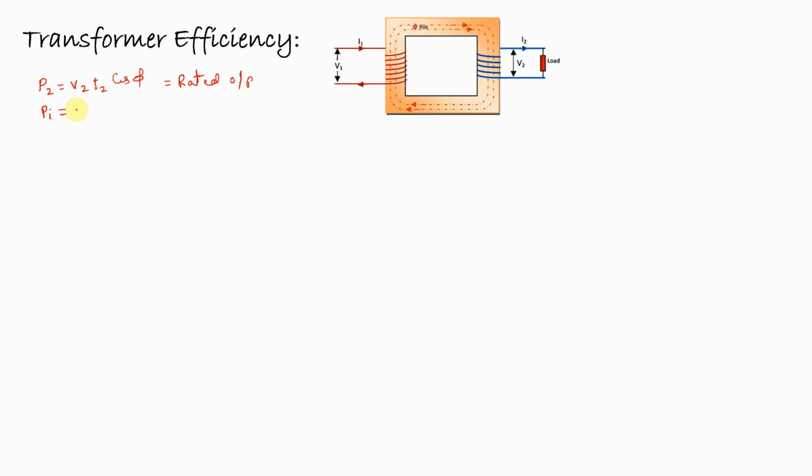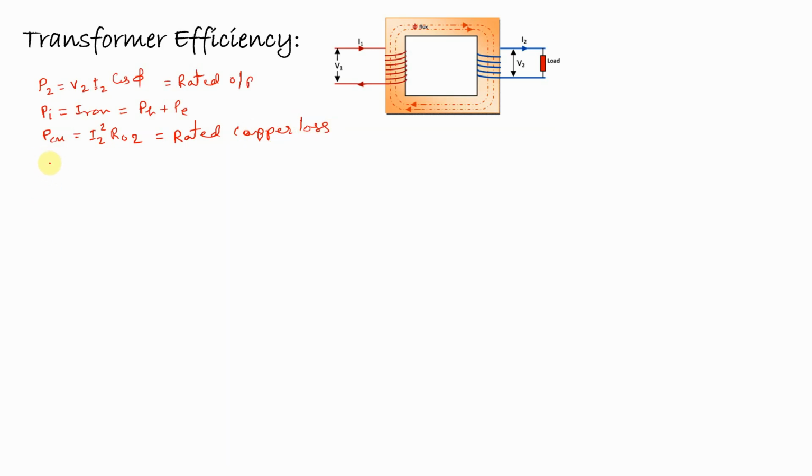Pi is the iron loss, that is a constant value, and PCU is the I2 square R02, and here it will be considered as the rated copper loss. It is the rated copper loss.